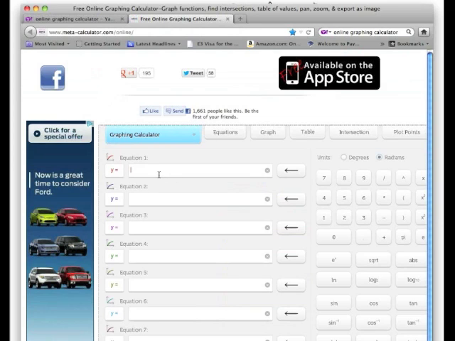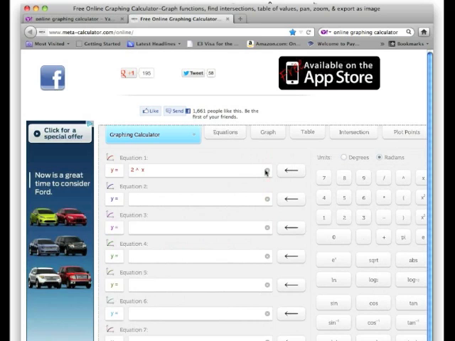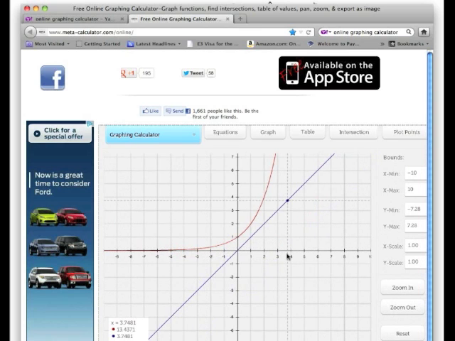So let's just take 2 to the x, okay, and let's graph that. You'll notice that here it is. Notice that that's what we got for our exponential function. Okay. Now let's look at y equals x, because remember that the inverse function will in fact be a reflection in the line y equals x.